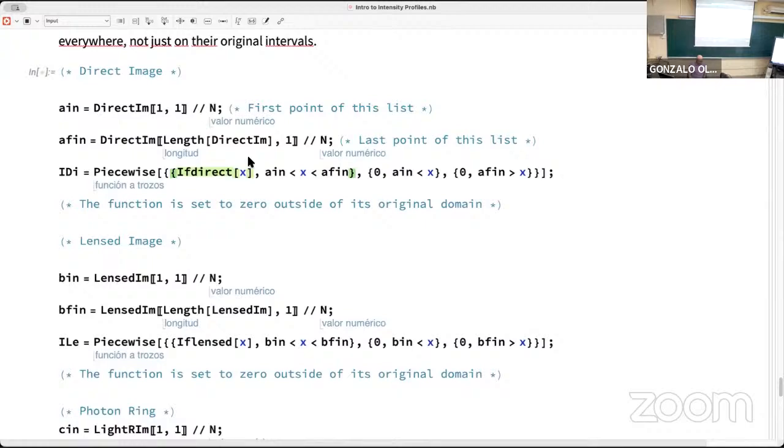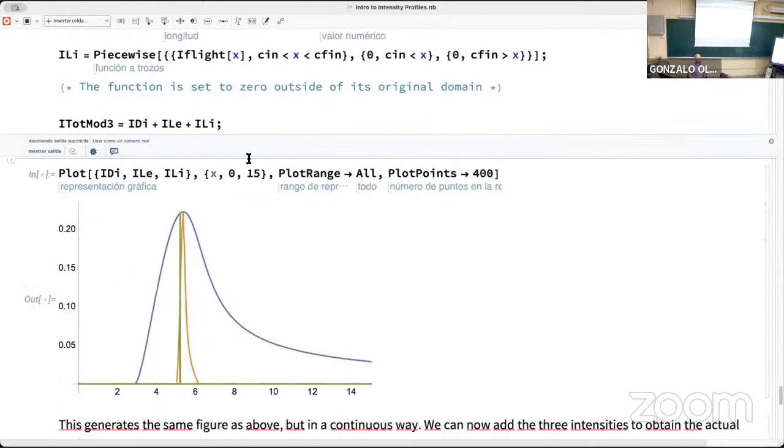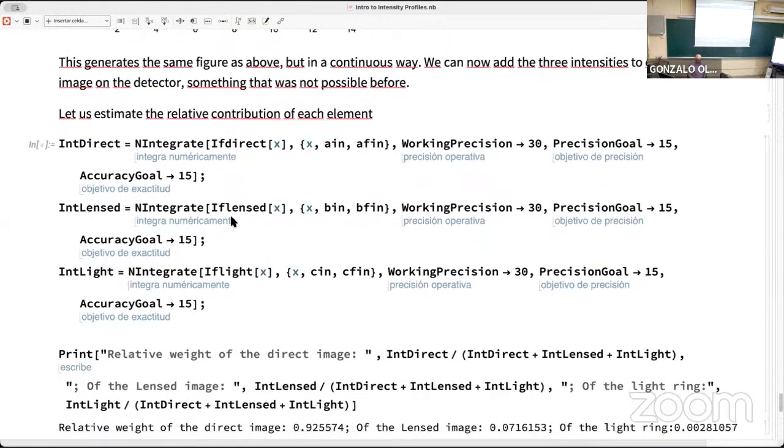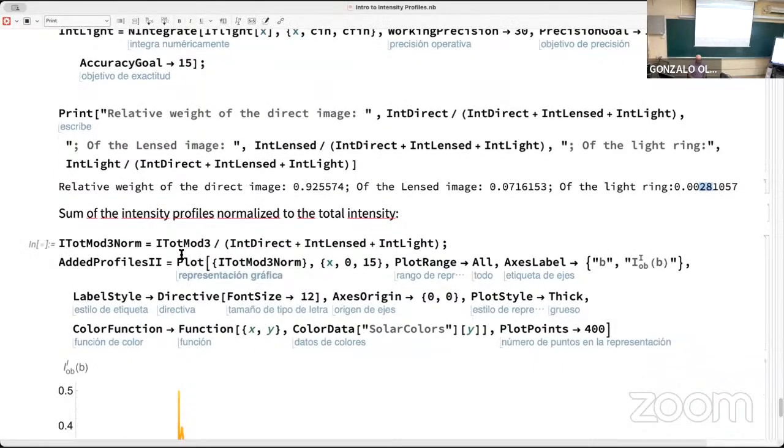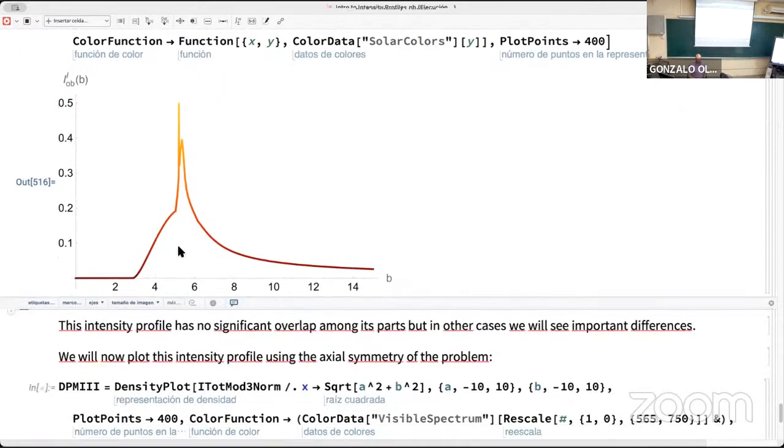We improve the domain of the interpolating functions. And then we estimate the relative contributions. Now the direct image is 92%, the lensed image is 7%, and the photon ring is 0.28%. Now we add the three intensities, and this is the intensity profile that we get.